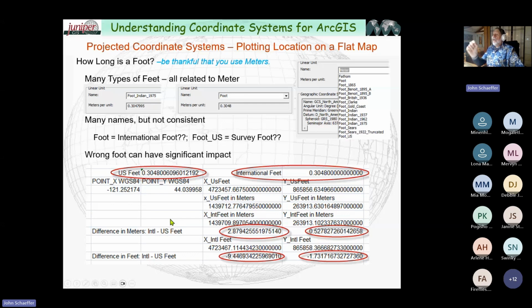But again, I want to show you how what seems like an insignificant detail can be magnified. The two most common we use in the US are US feet, sometimes called US survey feet, so you already have a problem because a slightly different name is used, or international feet.